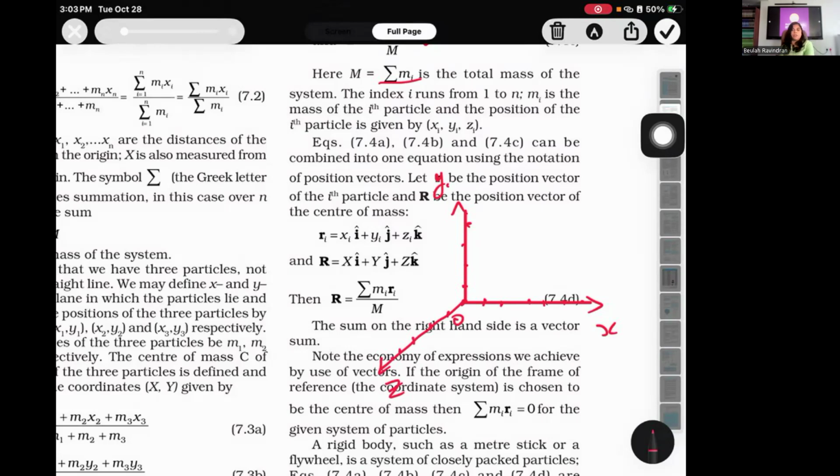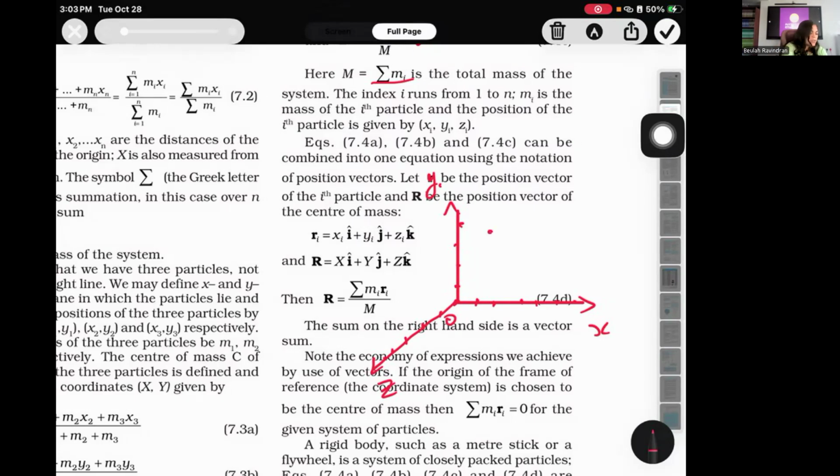Okay, so each and every unit, suppose I am considering one mass. So one mass is located here. Okay, this mass is named, for example, A. Okay, A particle. Then what is the next mass? B particle.